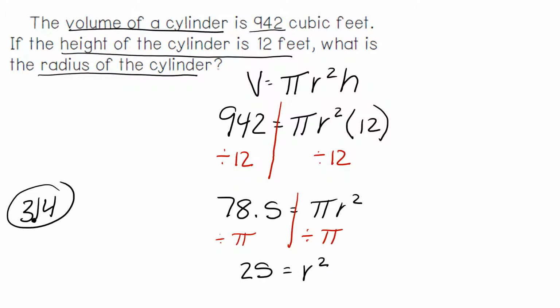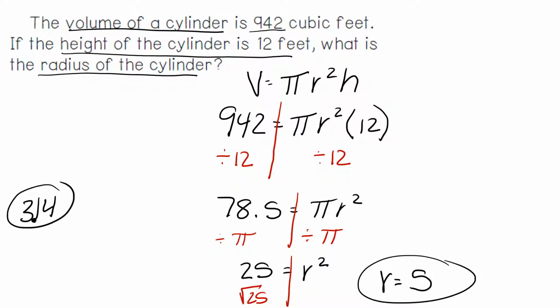And the last step, because we have an exponent 2, the opposite of the exponent 2 is to take the square root of 25. The square root of 25 is 5. The radius, r, is 5.